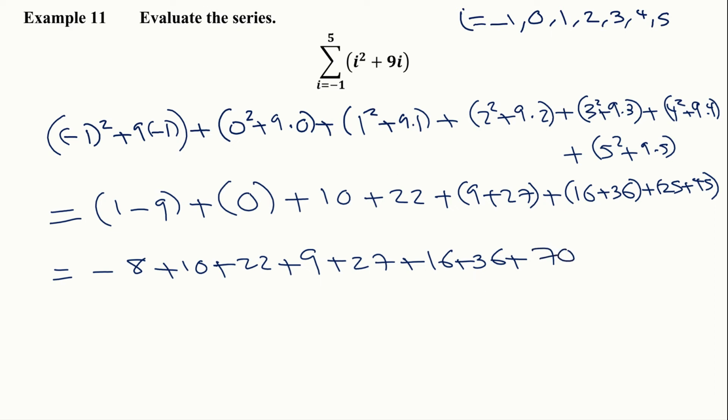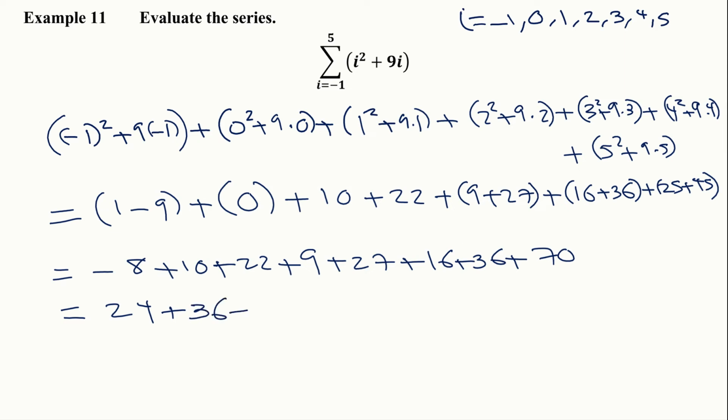So now we're just going to compute that. I can try to do a little bit of the sums to make it a little bit easier to type into a calculator, right? So actually, negative 8 and 10 is 2 plus 22 is 24. These two are going to give me 36, right?